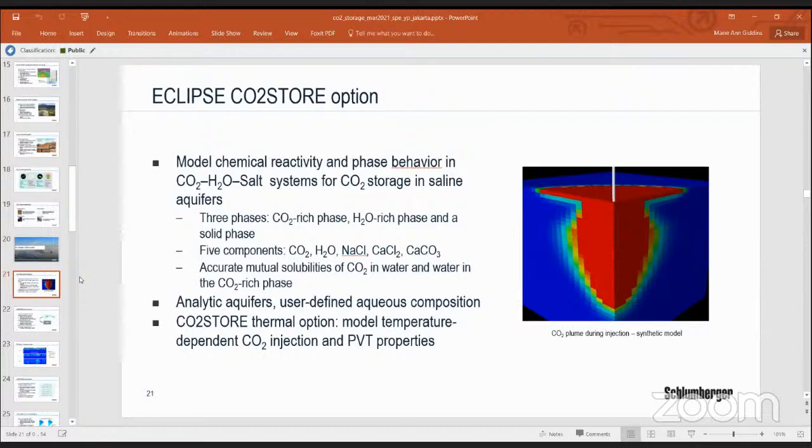And it has accurate calculations for the solubility of CO2 in water and water in gas. You can have analytical aquifers, which have their own user-defined aqueous composition. And there's also available a thermal option for CO2 store, in which you can model temperature-dependent effects.